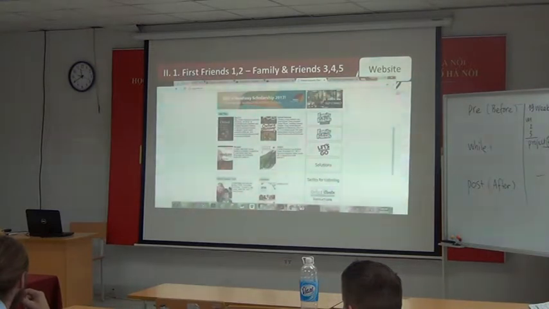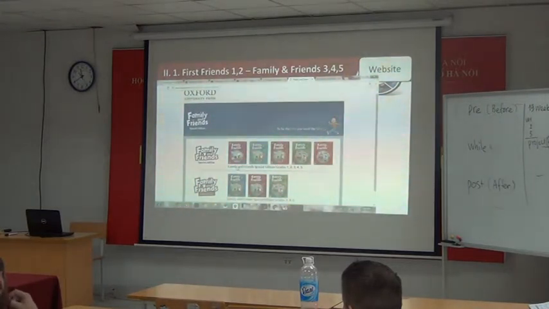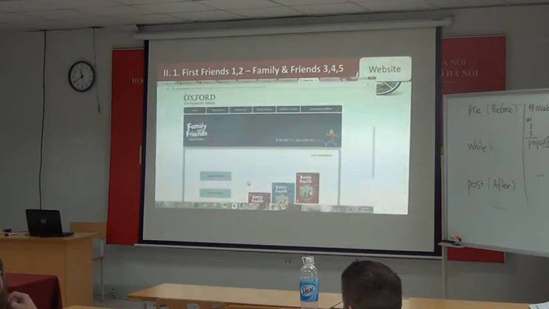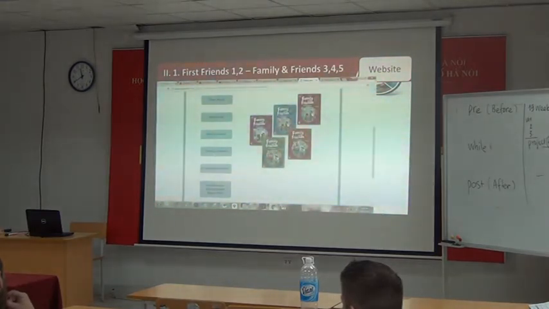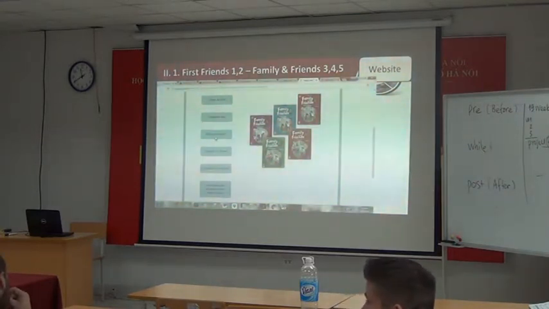When you log in to this website, you see some logos of this book, Family Friends. When you click that, you have some labels like this. You can click on class audio, story poster, teacher notes, expansion portfolio or development resource to download for free.